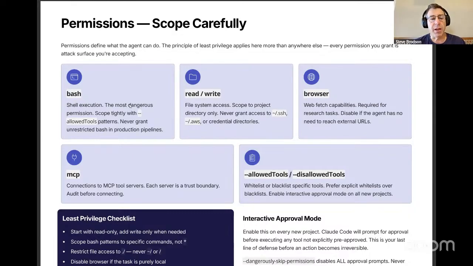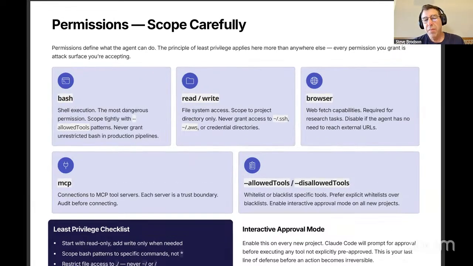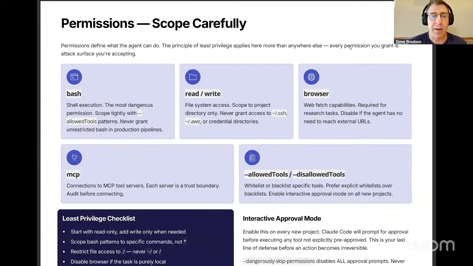Now, there are different kinds of permissions. The permissions in Claude are focused around certain types of functions. So if it's trying to execute a command in bash, which is a command on the machine, it will pop up and ask you to approve that.